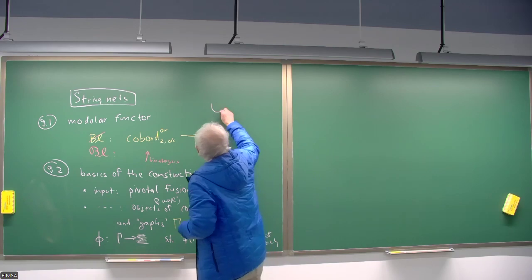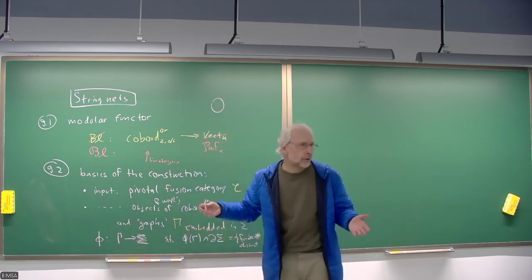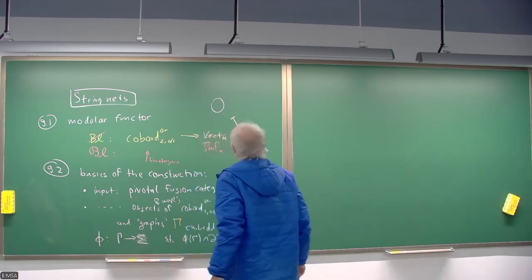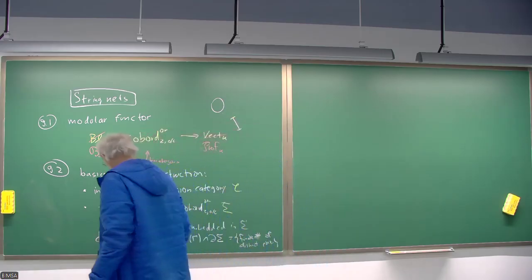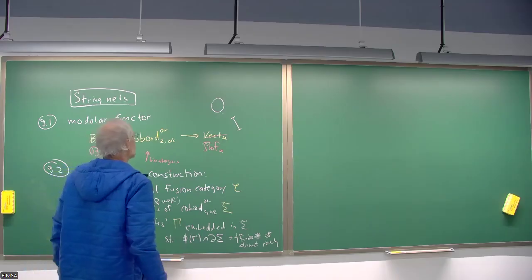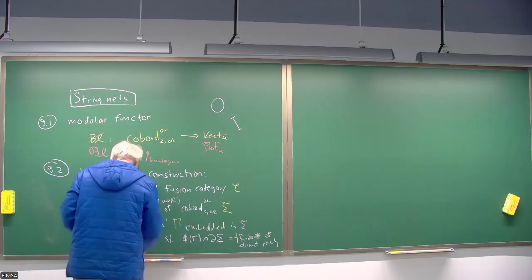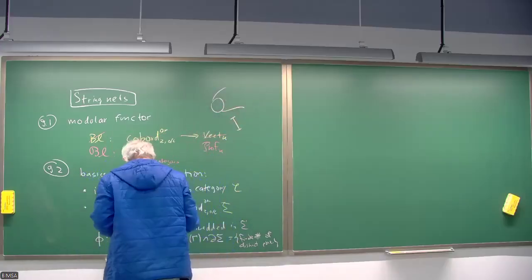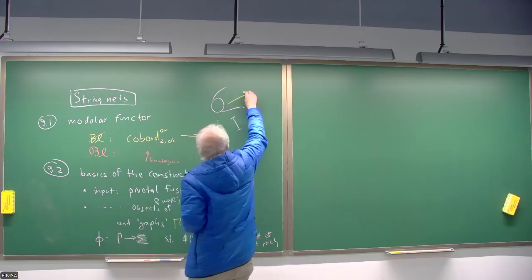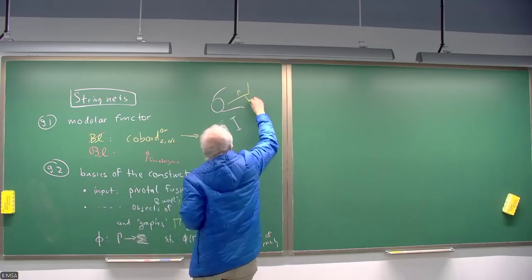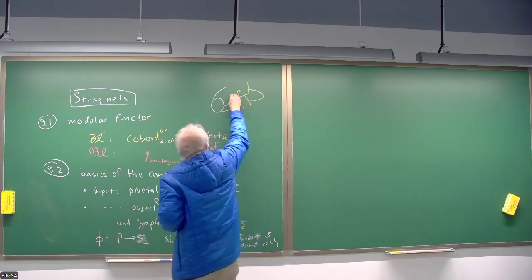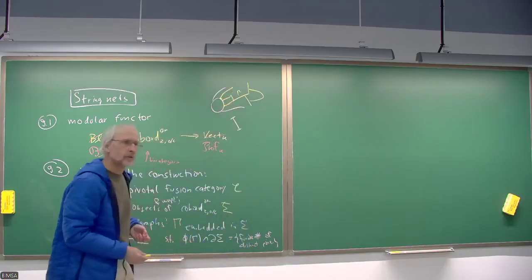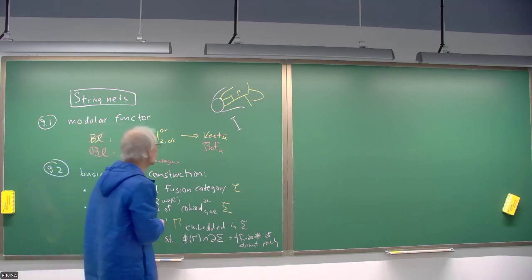The boundary will have several components that will be either circles or intervals, oriented, but I said I suppress that. And so if I have now my graph gamma, then the intersection with any such boundary component will be finitely many points.